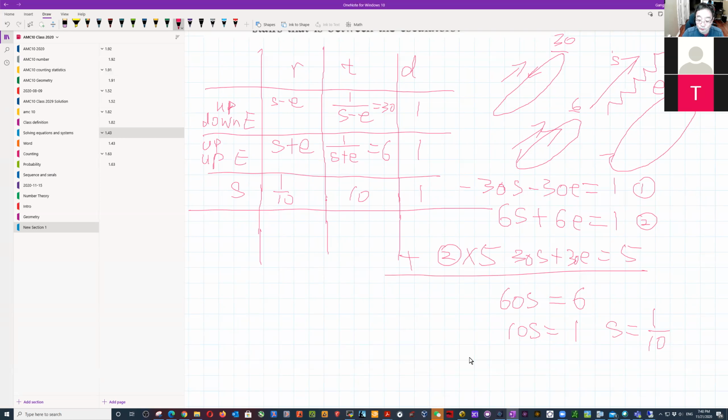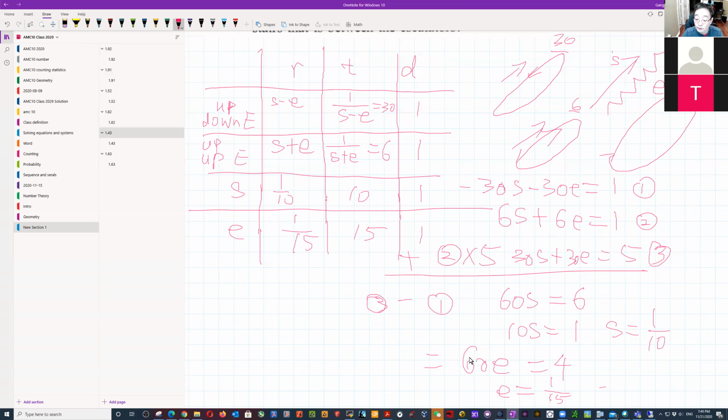So if you do 3 minus 1, the s will cancel and this is going to be 60e equal to 4, equal to like 1/15. And so basically e is going to be 1/15 and the time is 15 and 1.